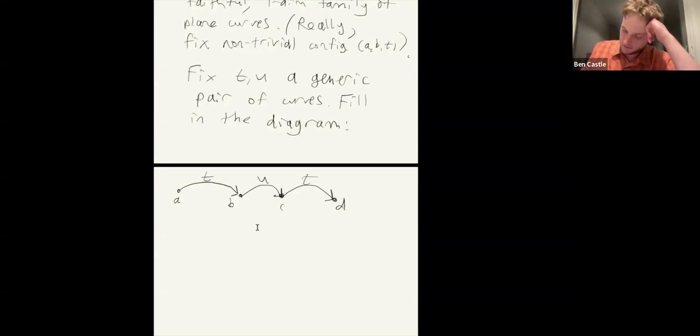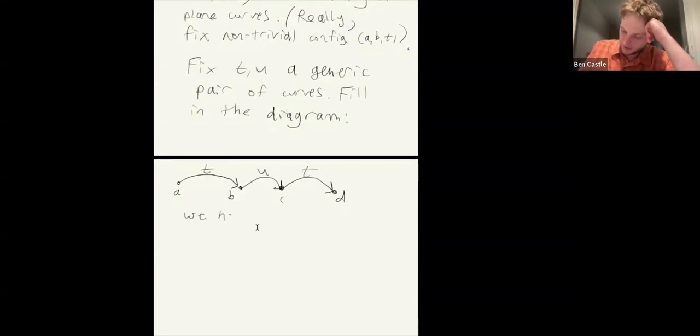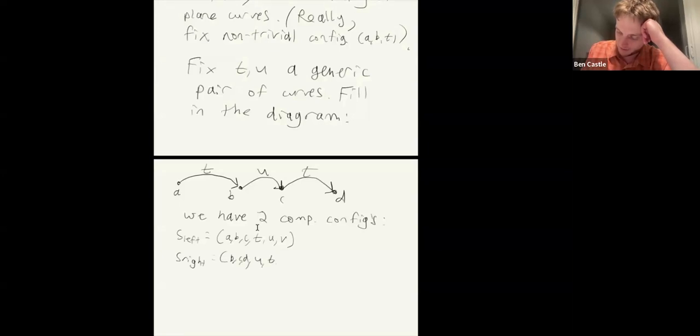So we have two composition configurations present here. We have the left one and the right one. I think I called them S left equals ABC, T U V, and S right is BCD, U T W. Now I just said V and W and I hadn't defined those, but they follow out of what a composition configuration is.